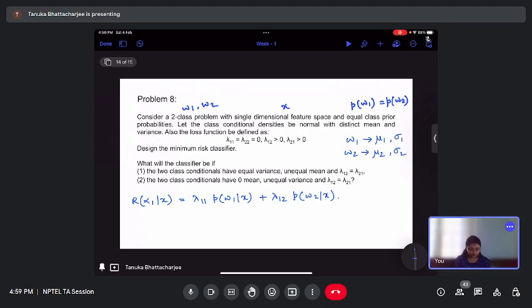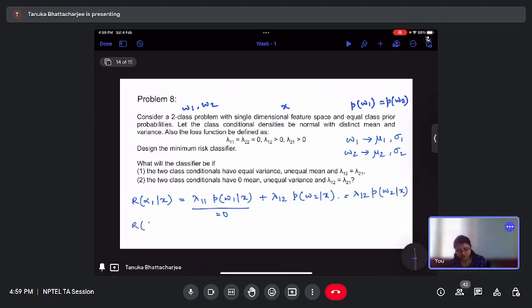Now, here you have already been given that lambda 1 1 is equal to 0. So, this first term accounts to 0. Your risk of taking the action alpha 1 becomes lambda 1 2 into probability of omega 2 given x.